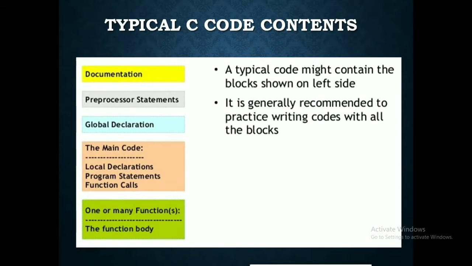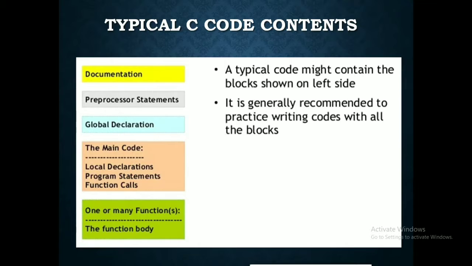Next is the typical C code content. It means the structure of a C program, that is documentation, preprocessor statement, global declaration, main code, and the function body. In documentation, we write the header comment lines.